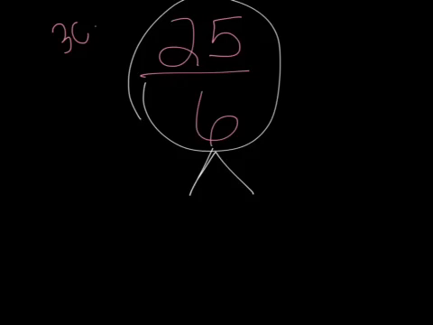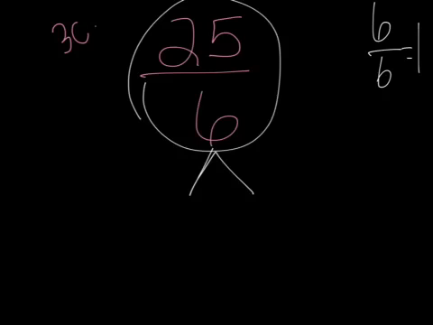The next improper fraction that we are going to decompose is 25/6. So once again, the first question we ask ourselves is how many sixths make up one whole? And we know that 6/6 would equal one whole. So we have to ask ourselves, how many sixths can we make out of 25? So we count up by sixes. 6, 12, 18, 24, 30.